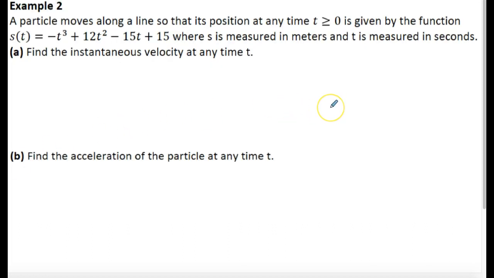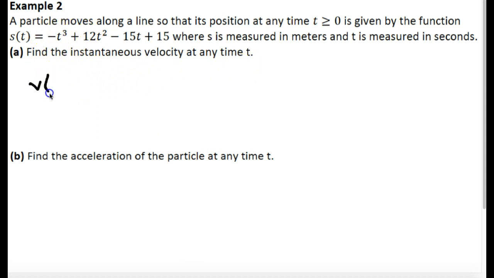this one, okay, I want you guys to take a second and find the velocity and acceleration for this graph. All right, so velocity, or instantaneous velocity at any time t, just means find the derivative of position.